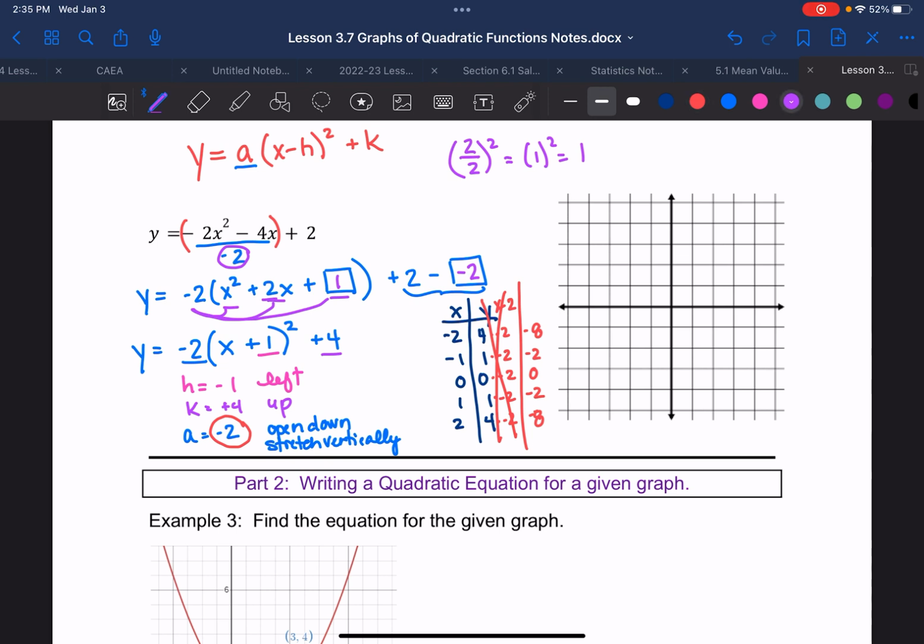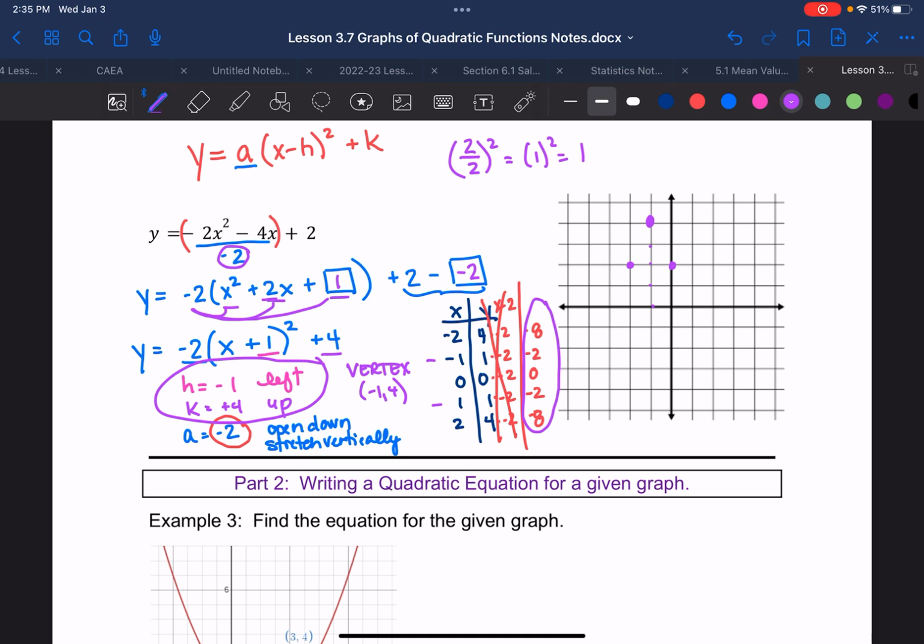All right. So let's find our vertex. Here's our vertex at -1, 4. I'm going to plot that here, 1, 2, 3, 4. And now I'm going to use these directions here. Instead of going out 1, up 1 like I did when A was 1, I'm going to go out 1, down 2 because it's being flipped and stretched.